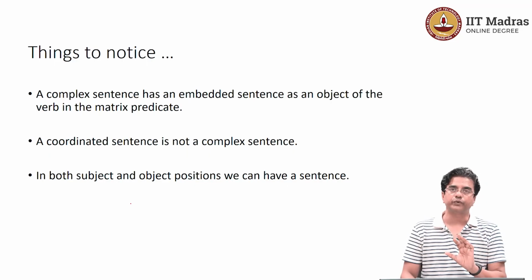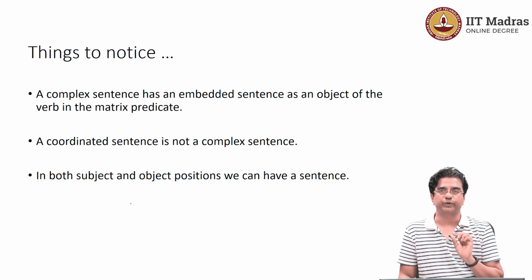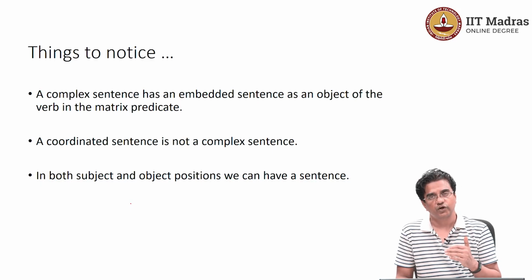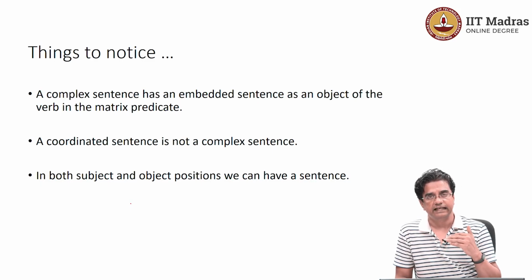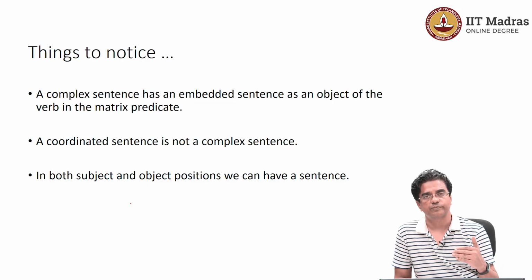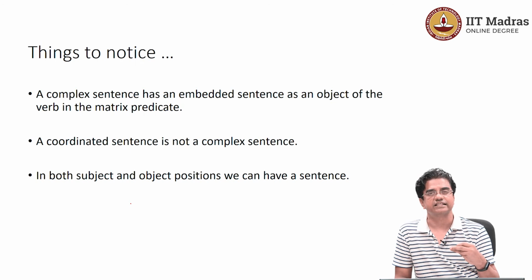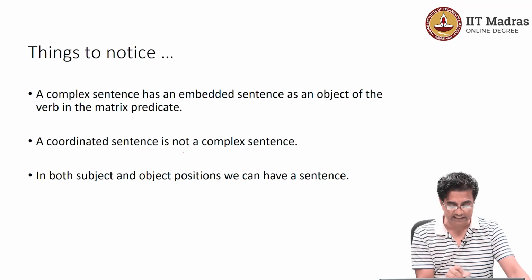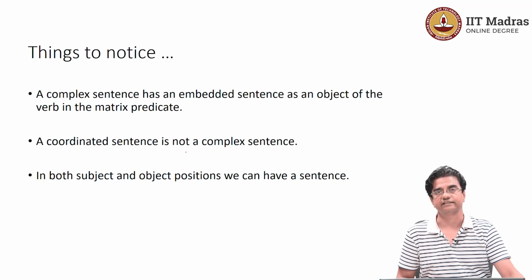So we have talked about quite a few things about that-clauses. We have talked about them in the context of indirect object, direct object, and also as subjects. We have talked about certain restrictions on them, and sometimes when these restrictions are relaxed, we said that a coordinated sentence is not a complex sentence.